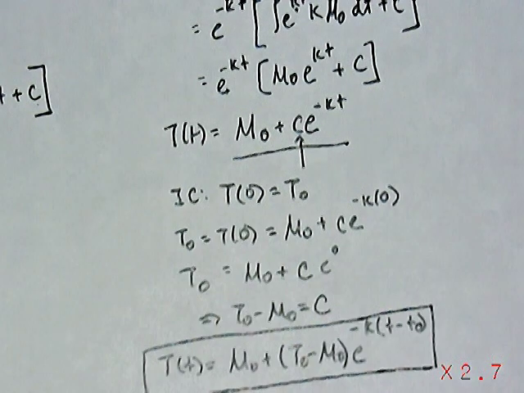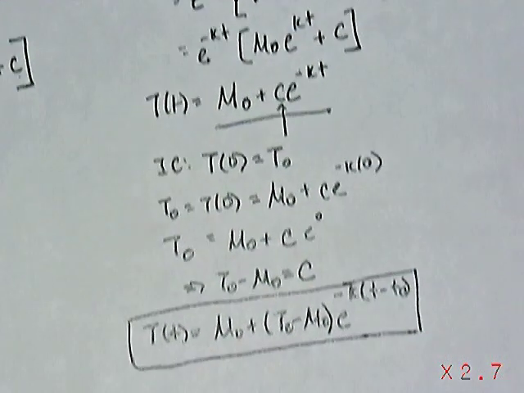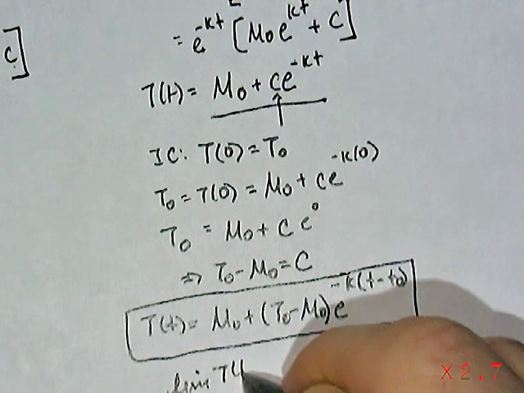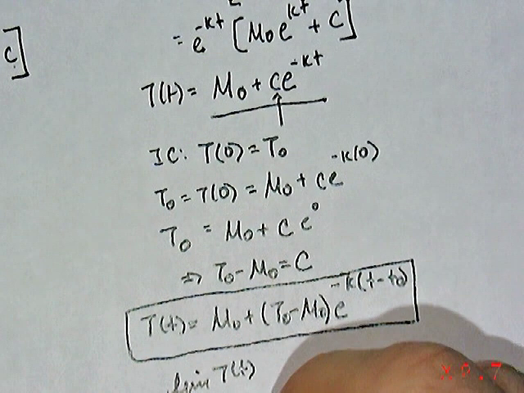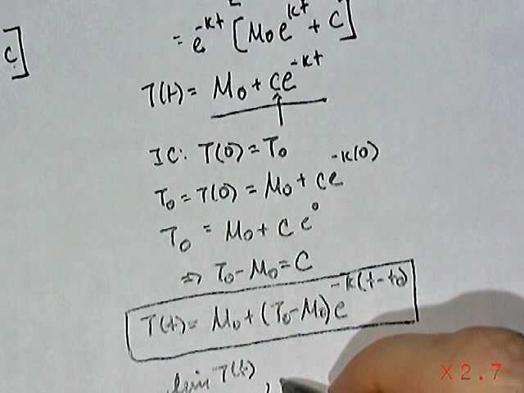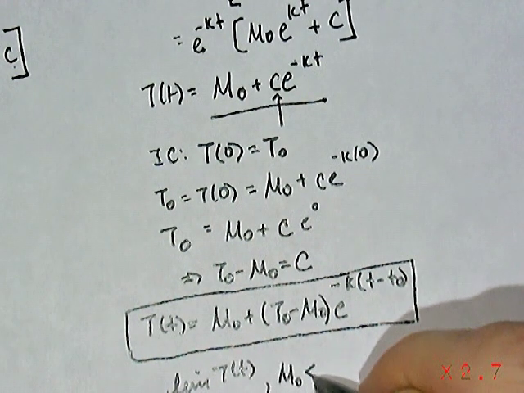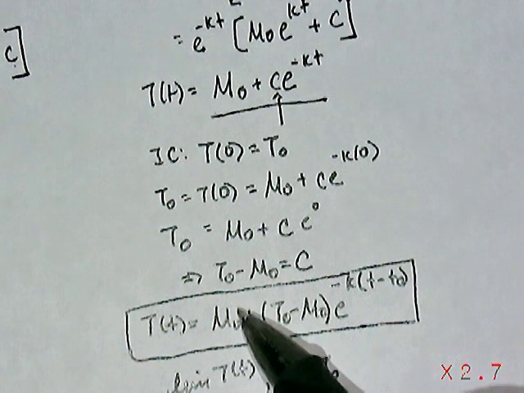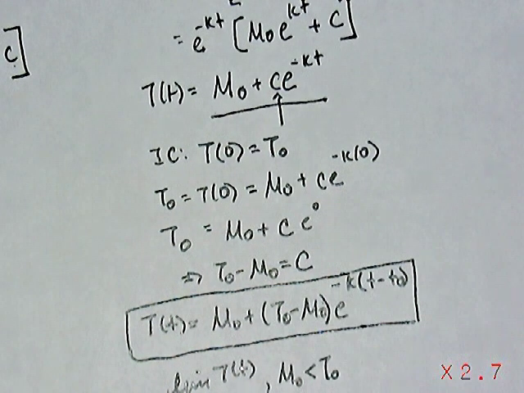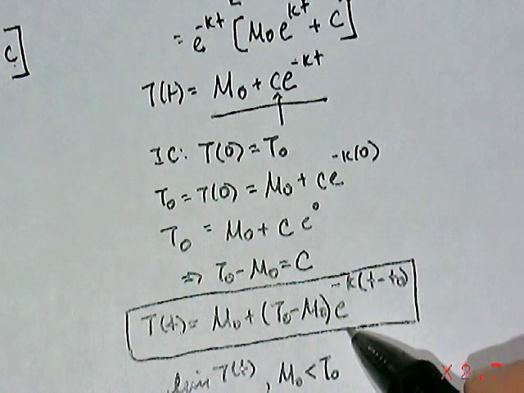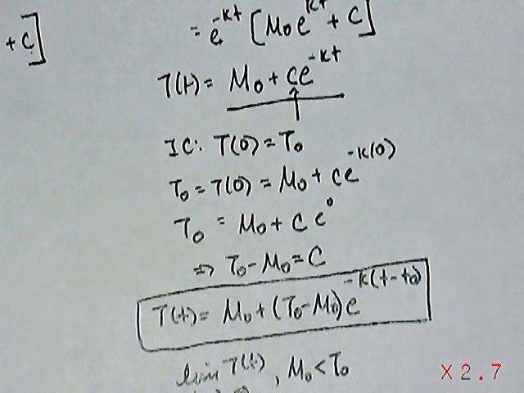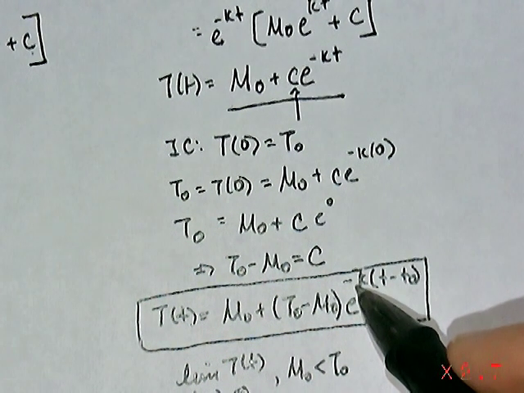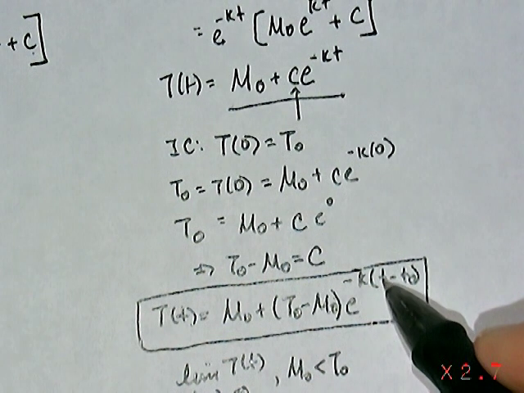Okay. And as indicated in class, what happens in the limit of this temperature function as t goes to infinity, if we assume that the initial outside temperature is less than the indoor temperature, you're adding a positive quantity times this exponential form, but in the limit t will go to infinity, and this is e to the minus constant k, which we'll assume is positive.